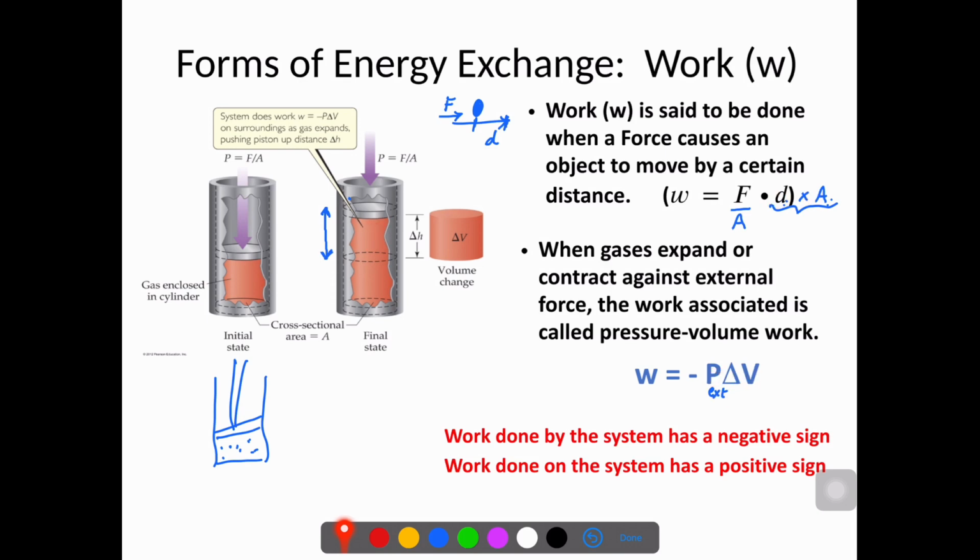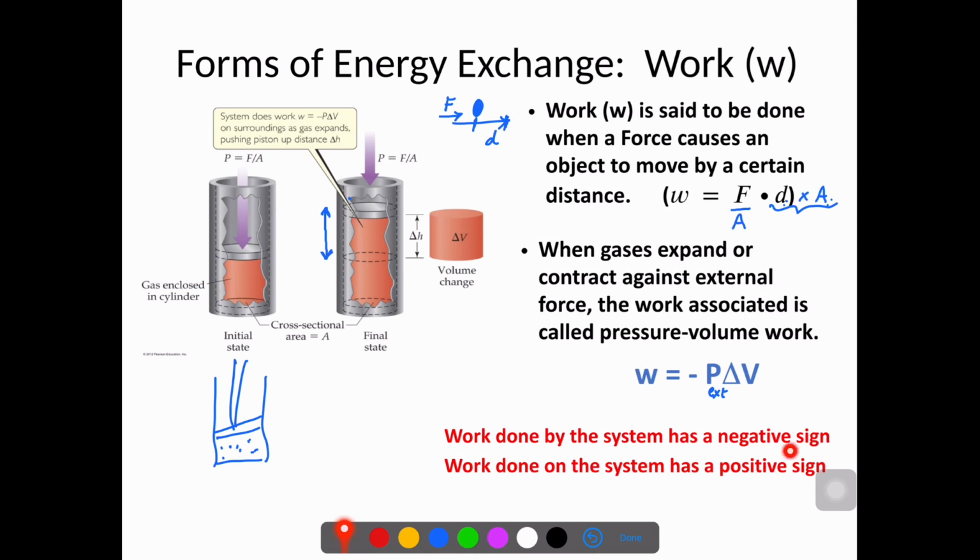That's going to give you the work done by the gas or the work done on the gas when the gas expands or contracts. We need a negative sign because the sign convention is that work done by the system is negative. If you are doing work, you lose energy. If work is done by the system, the system will lose energy, so it should have a negative sign.